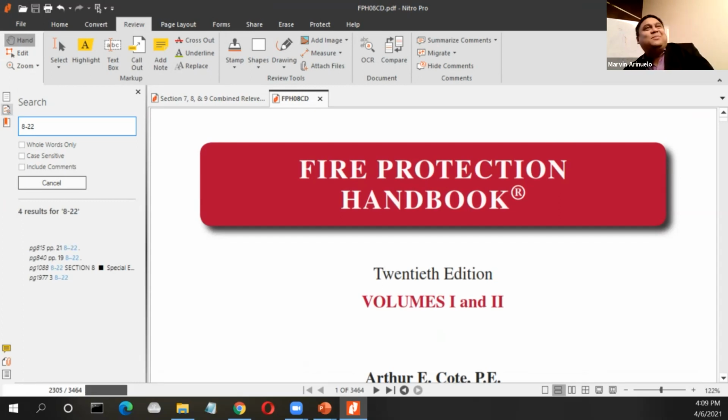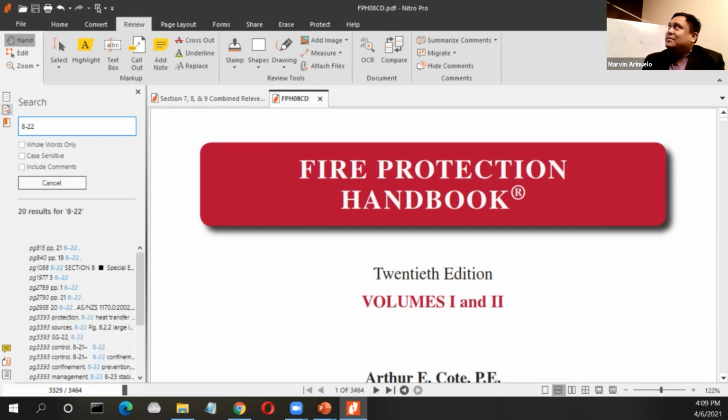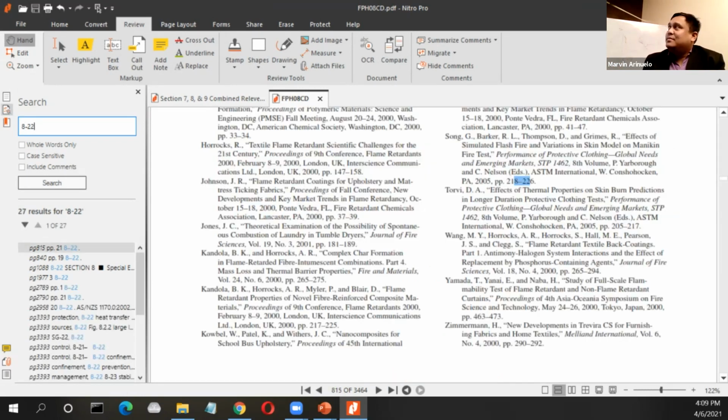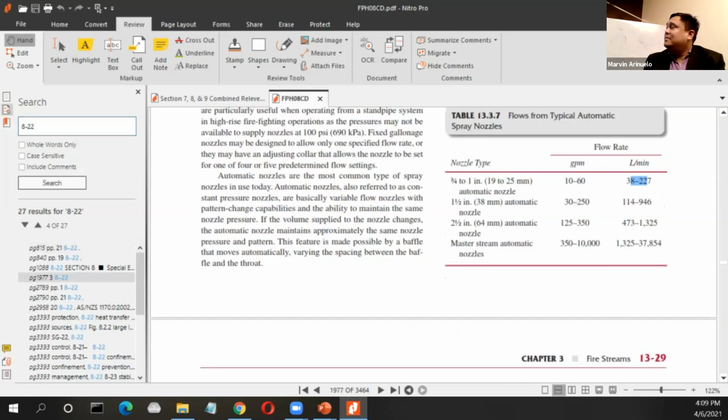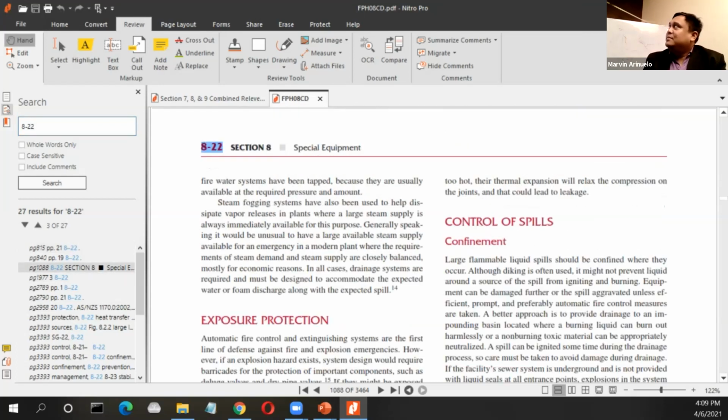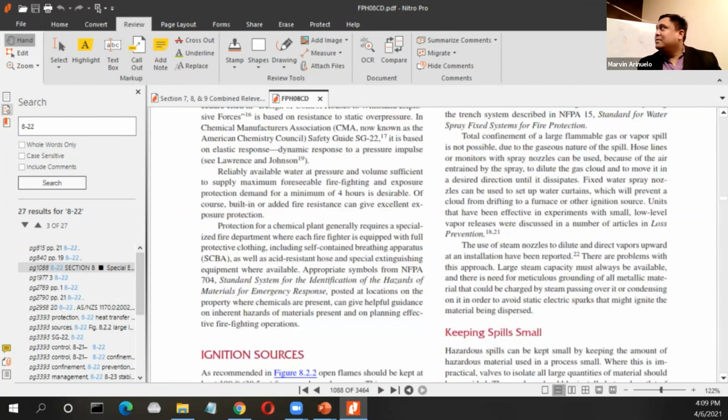I don't know why page 8-22 didn't do that. This one I have to do. Anyway, there is a fire protection handbook, no? So it is not allowed, correct? Hard copy only. Yeah.